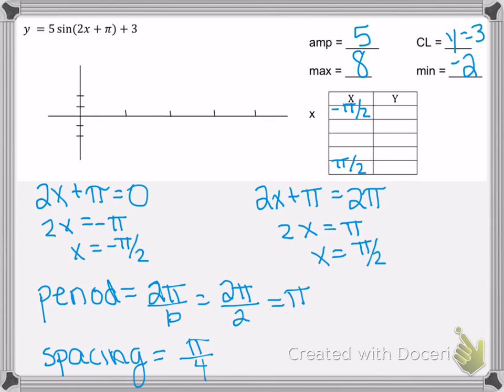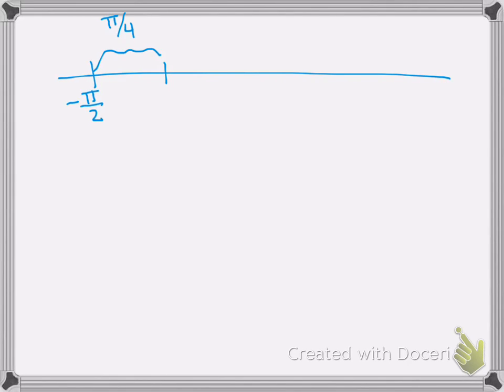So my spacing is pi/4. So what that means is I'm starting at -pi/2, and the distance from there to the next point has a distance of pi/4. So I take -pi/2 and add pi/4.